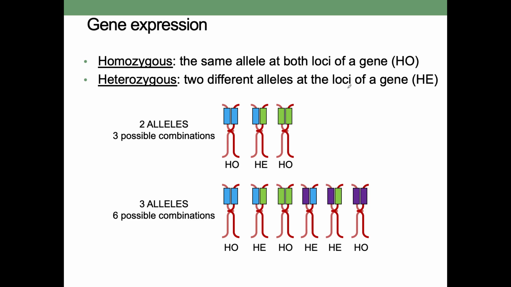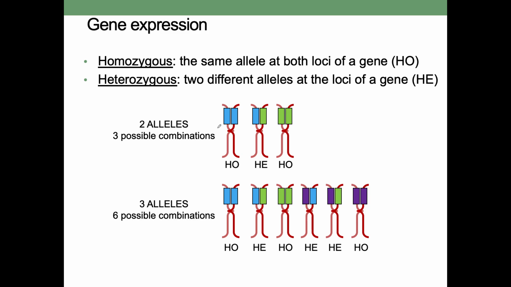All right, so if you've got a gene with two alleles, two variants that you can inherit from your mother or father, there are then three possible combinations. Let's say in this case, the alleles are the blue allele, which stands for some trait or phenotype, and a green allele, which stands for a different one. You could inherit two blue alleles, two of the same alleles, at a particular locus for a gene.